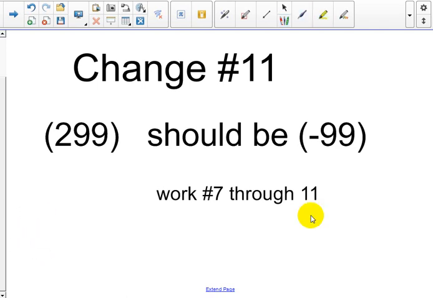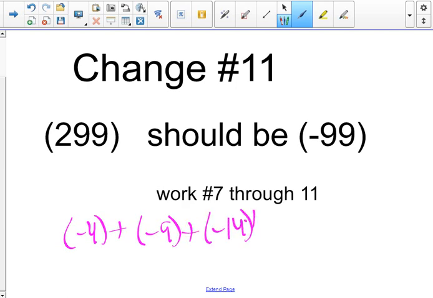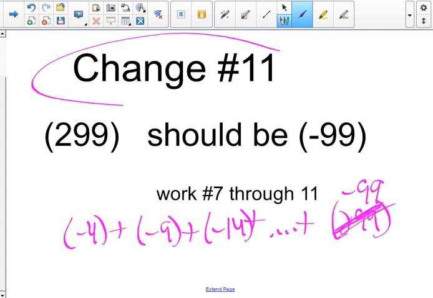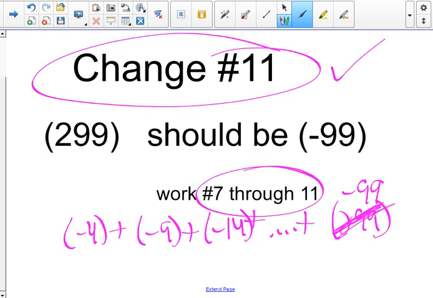Number 11 is -4 plus -9 plus -14 plus ellipsis plus, and then it says 299. That's a typo. That should be -99 there. Then you can get an answer. If you don't, you'll never be able to calculate number 11. So make sure you make that change, and now work numbers 7 through 11.